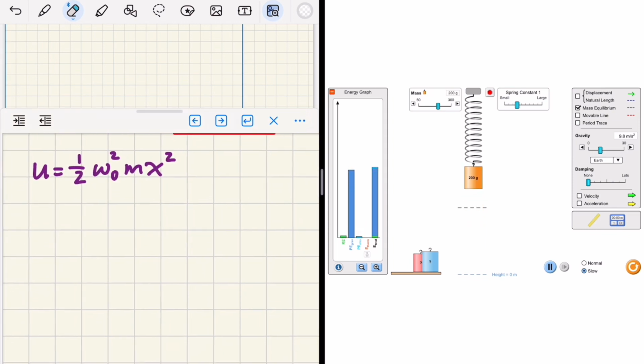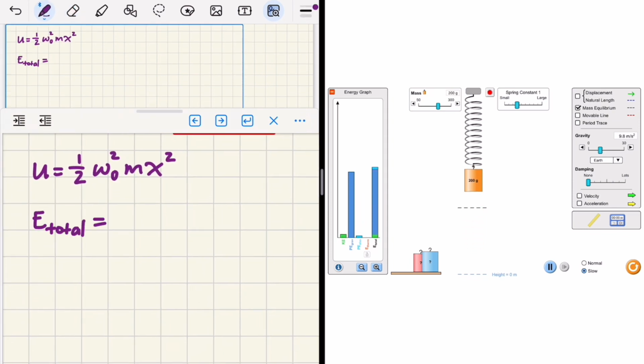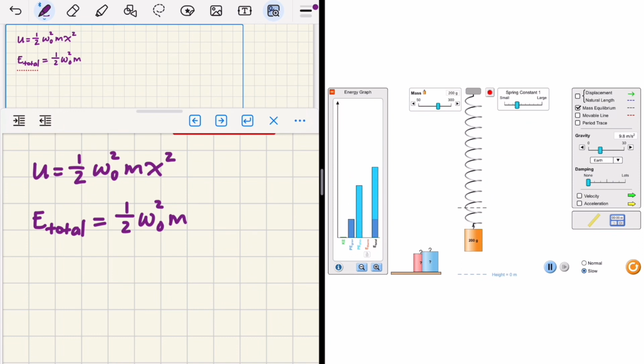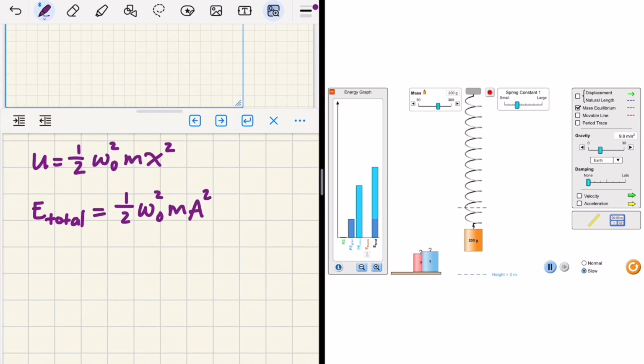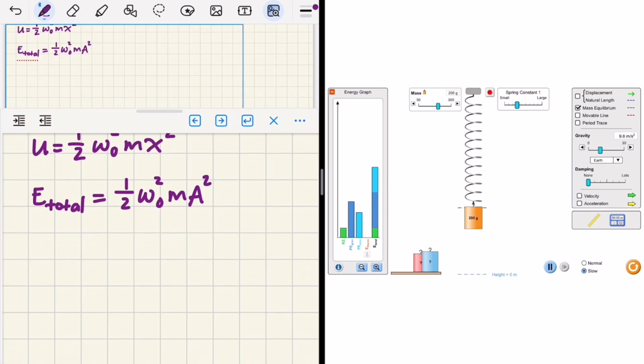So we can say that the total energy, as shown over here, is potential energy, but it's potential energy when the displacement is at its maximum. And for that one, let's use the letter A, because that's the maximum, that's the amplitude, and that number we do have, okay?